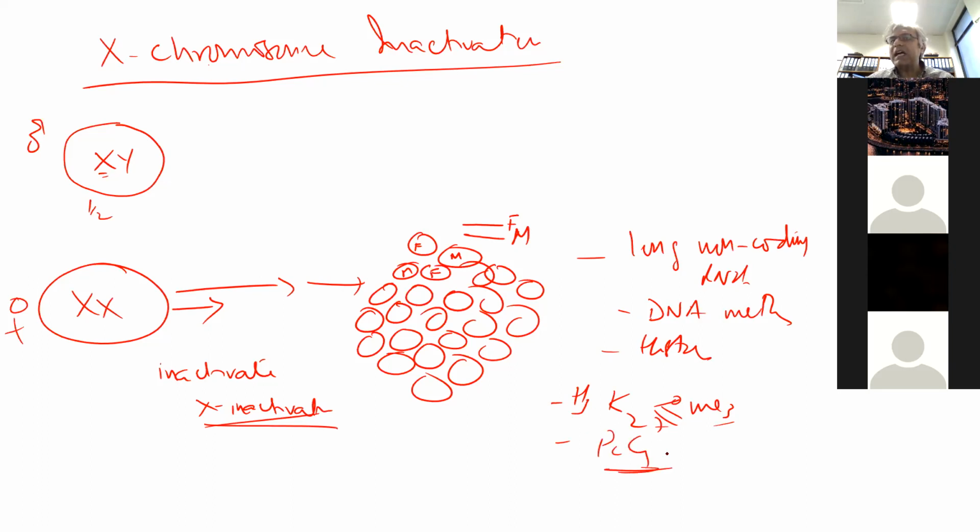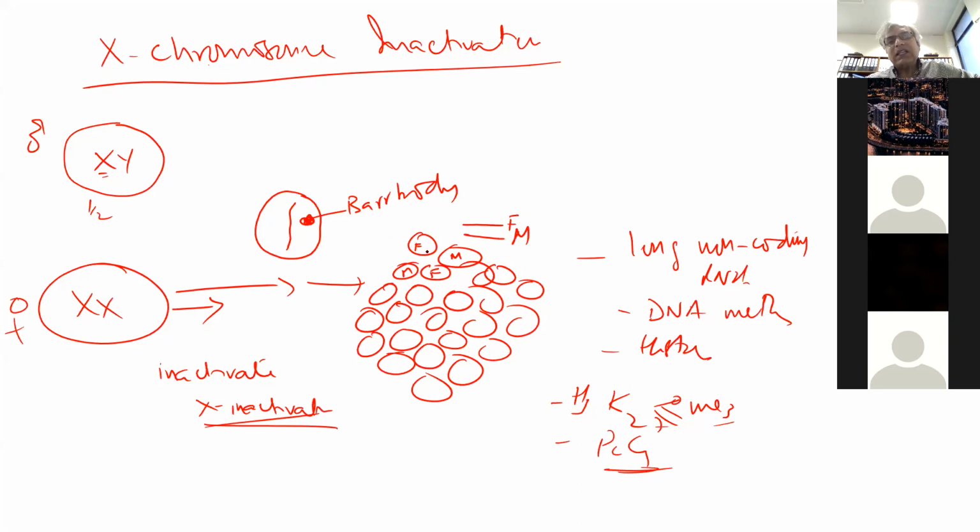Polycomb group proteins are involved in silencing. The whole X chromosome is switched off. And if we look at a cell which contains an inactive X chromosome, it's called a bar body. The inactive X chromosome is clearly visible, whereas the active X is like a normal chromosome.